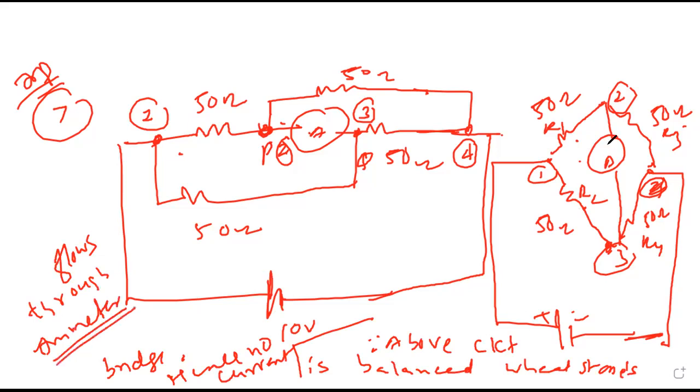Instead of a galvanometer, they have connected an ammeter. Whether it is galvanometer, ammeter, anything, no current will flow through this diagonal. So the answer is 0. So I will be 0.